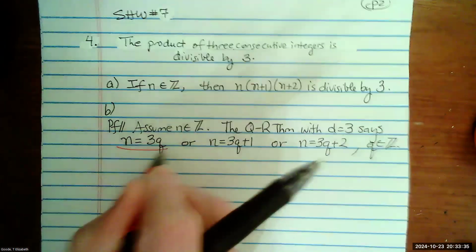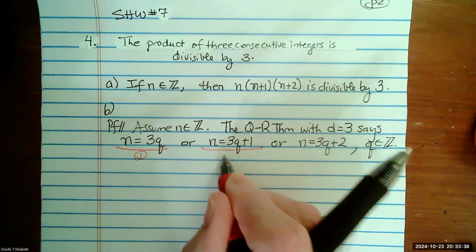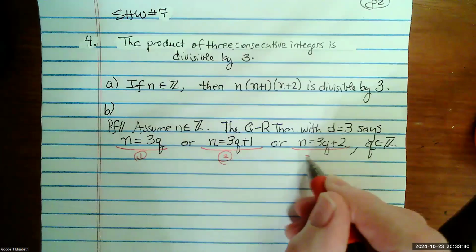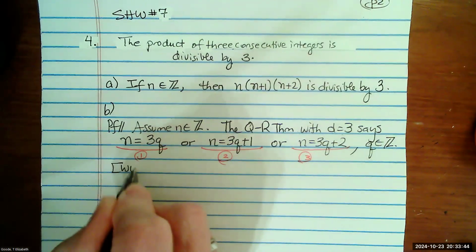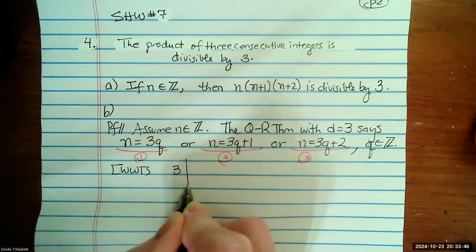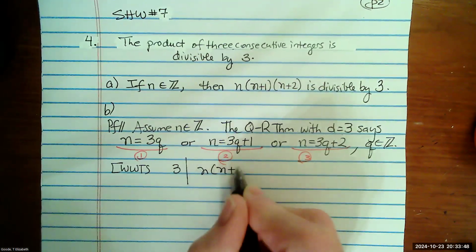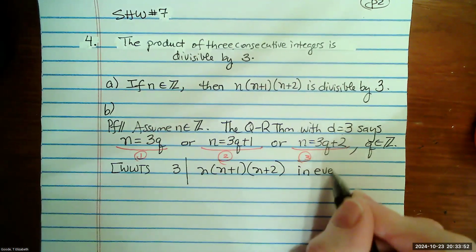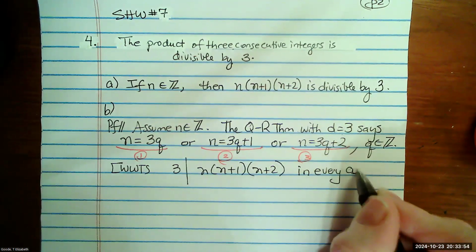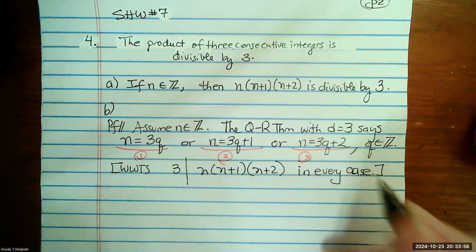This is going to be case 1, this is going to be case 2, and this is going to be case 3. We wish to show 3 divides n times n plus 1 times n plus 2 in every case. We always want this wish to happen in every single case.